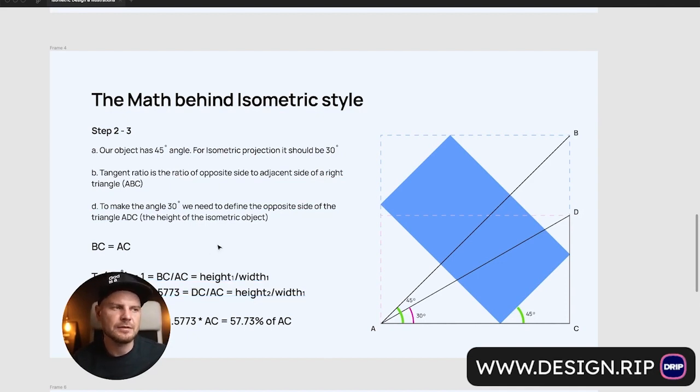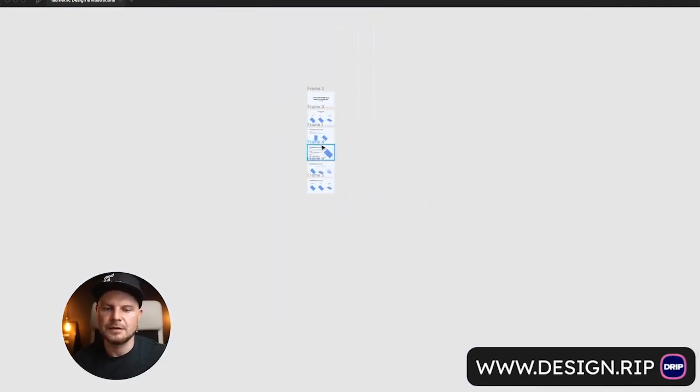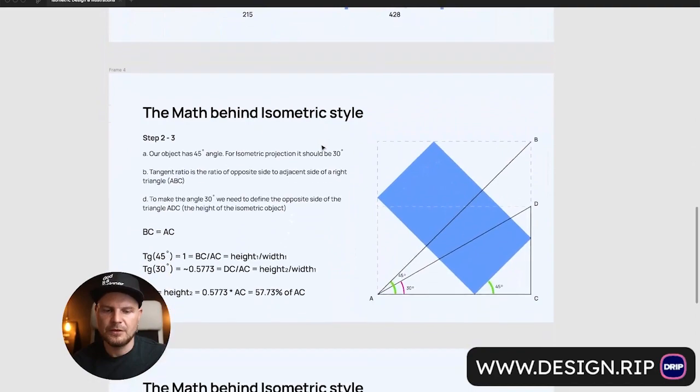And what do we have here? Our object has a 45 degrees angle. For isometric projection, as you remember, it should be 30 degrees. Let me take a look. Yep, 30 degrees.